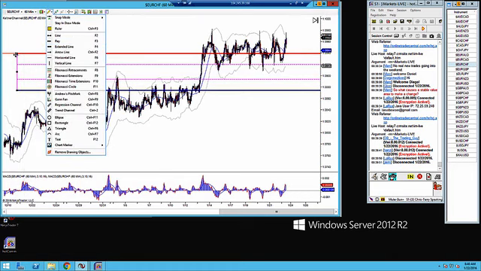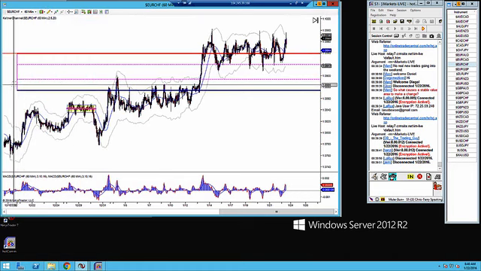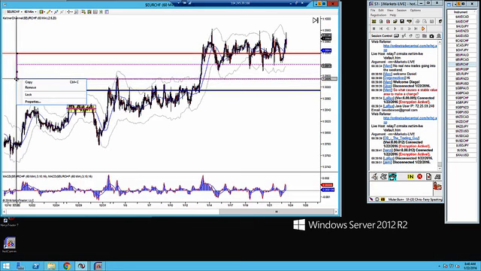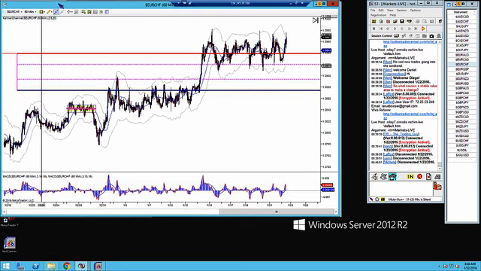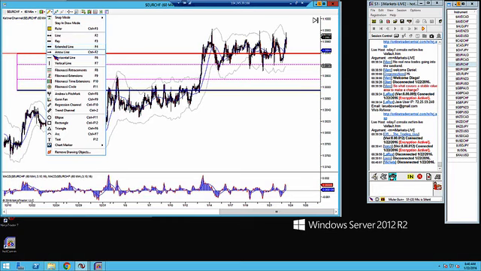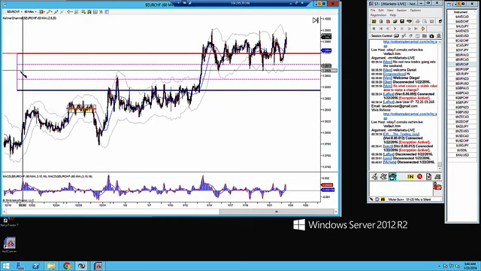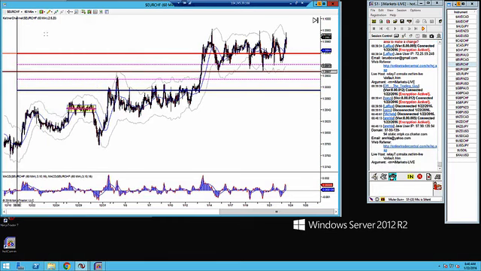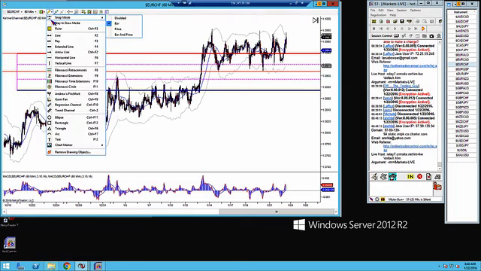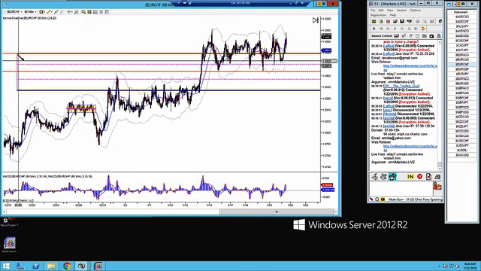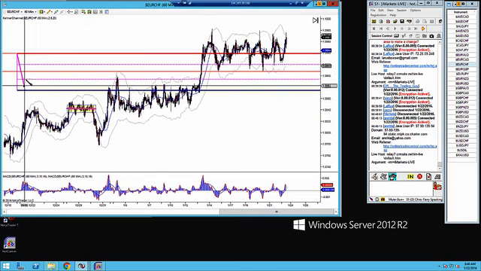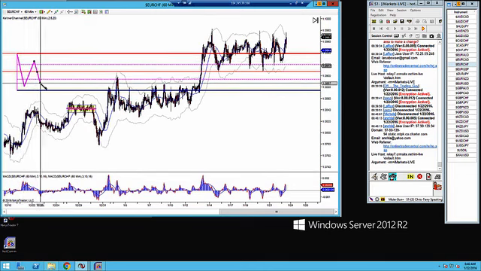So just follow my thinking for a bit. You have markets that go into ranges.